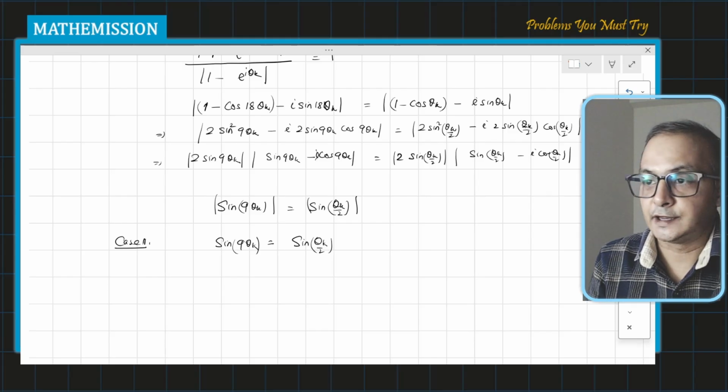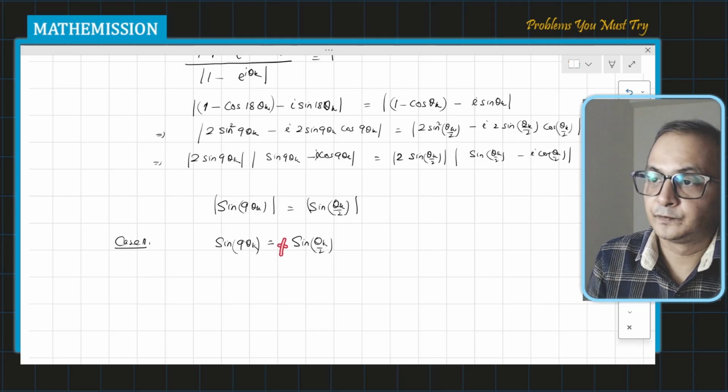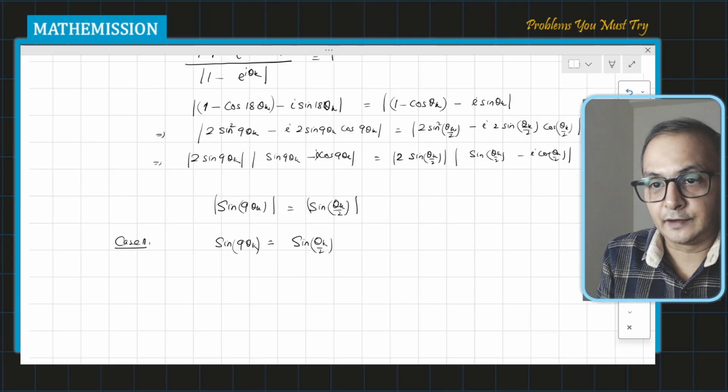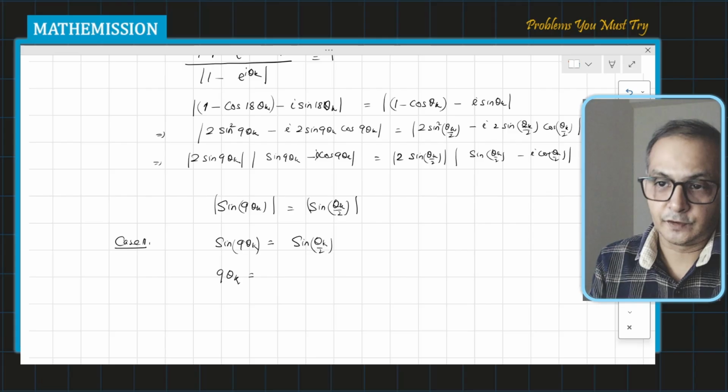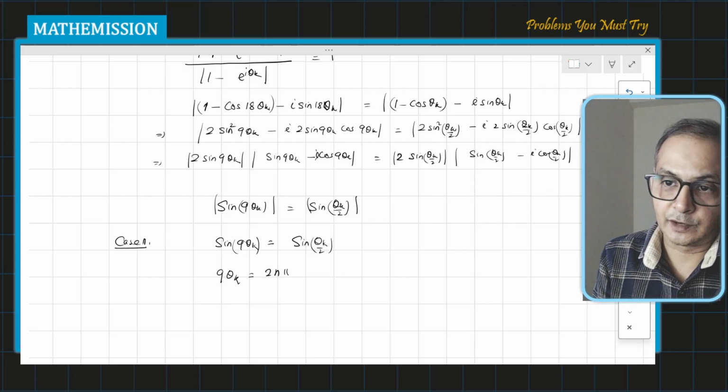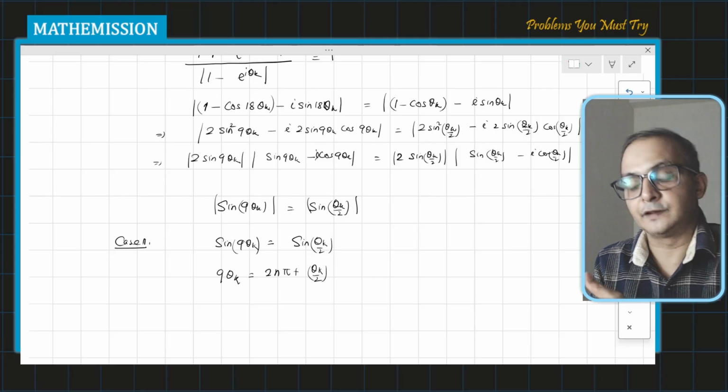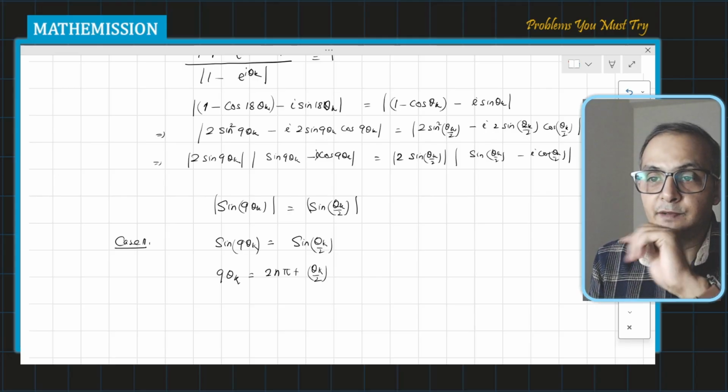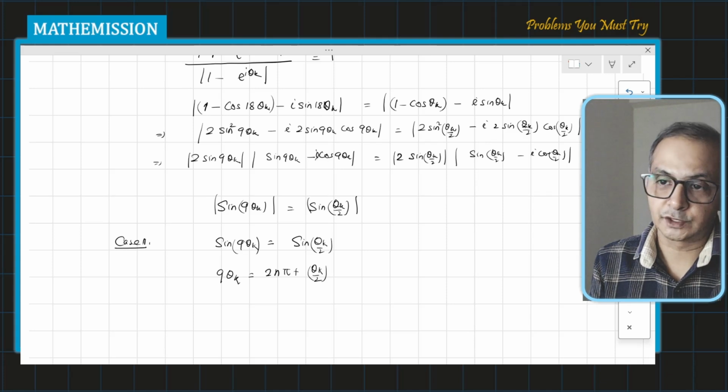So since the sign here is a positive sign, we can write generally sine theta k is equal to, in the first quadrant, 2n pi plus theta k by 2, because when you add even pi to theta k by 2 it will lead us to the first quadrant.